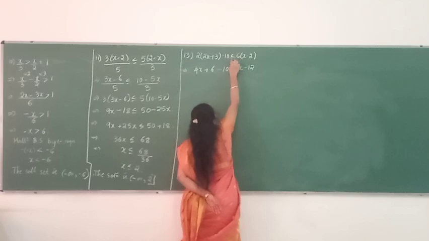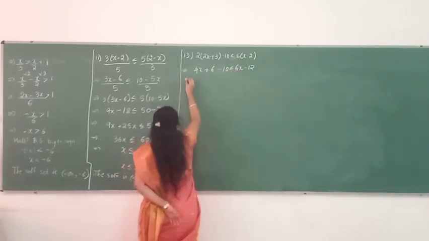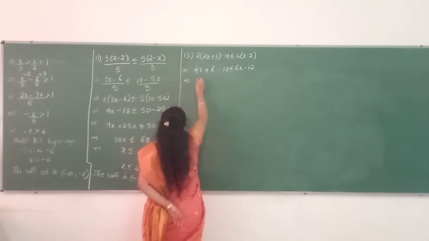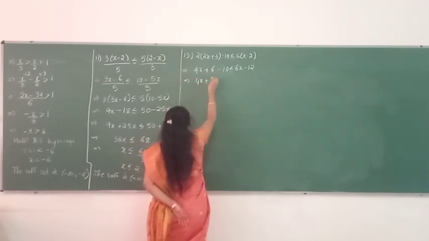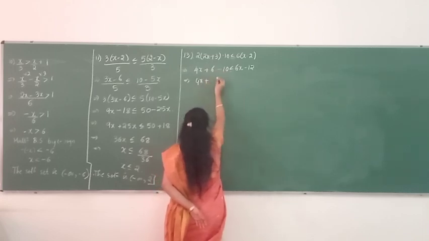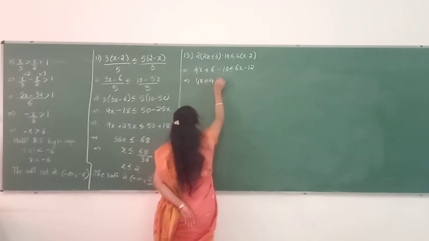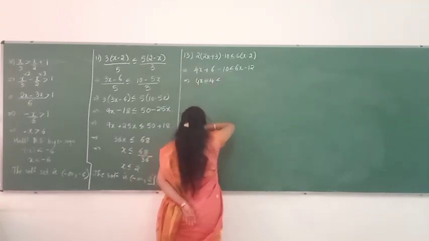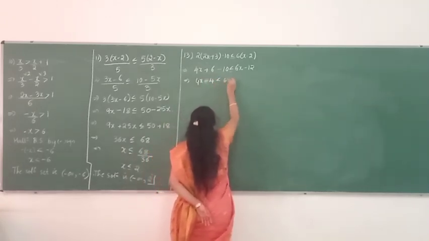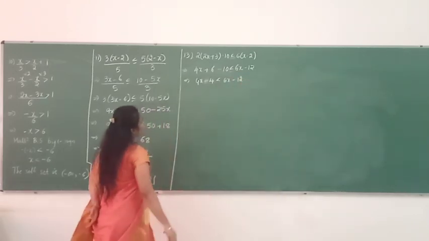Sorry, it is not less than or equal to, it is only less than. So you will be getting here 4x plus 6 minus 10, so you will be getting your answer: minus 4 is less than 6x minus 12.